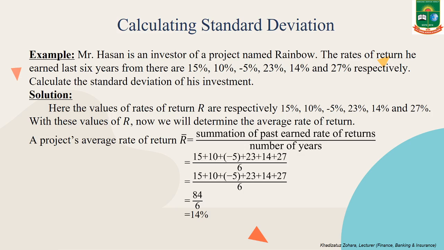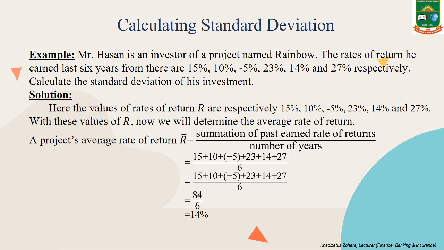Here the values of rate of return, that means R, are respectively 15%, 10%, -5%, 23%, 14%, and 27%. With these values of R, now we will determine the average rate of return like step 1. A project's average rate of return R bar equals summation of past earned rate of return, that means summation of R divided by number of years.